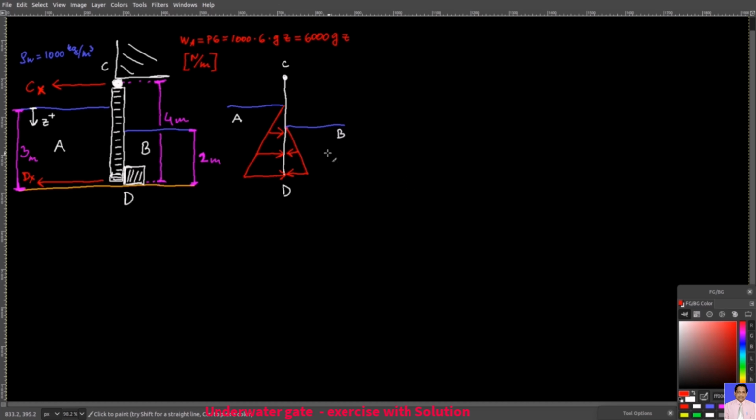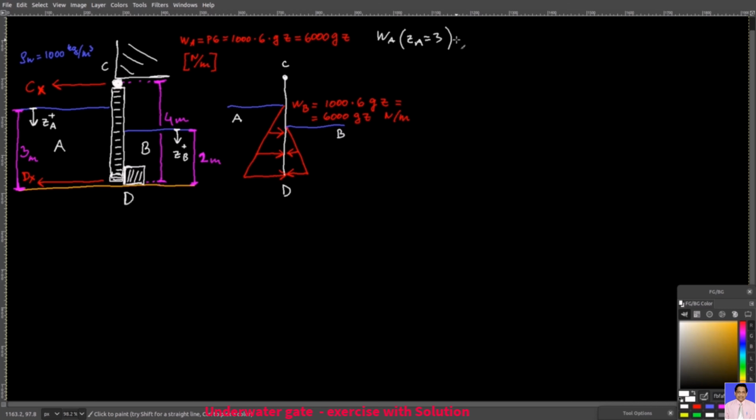And now on the B side you have the same thing. WB equals 1000 times 6, which is the width of the gate, times G times Z. And that's 6000 times G times Z, newtons over meter. The total force from the A side is the following. First of all, WA at ZA equals 3 meters, and I should specify that this is ZA, and then here you have ZB, so two different variables, because you have different water levels here.